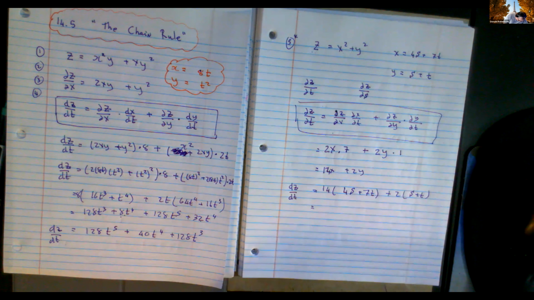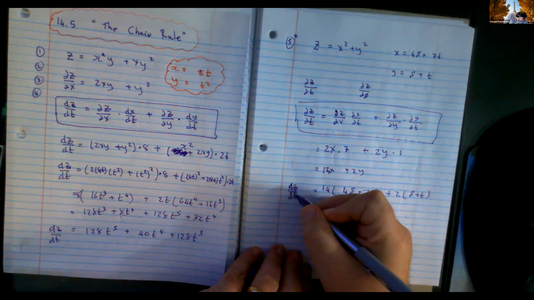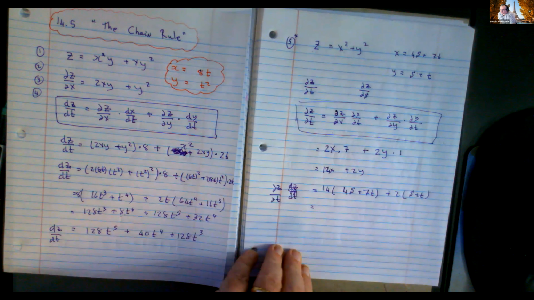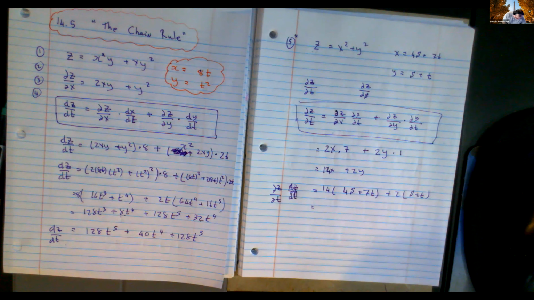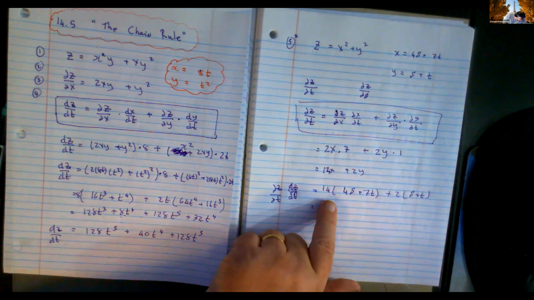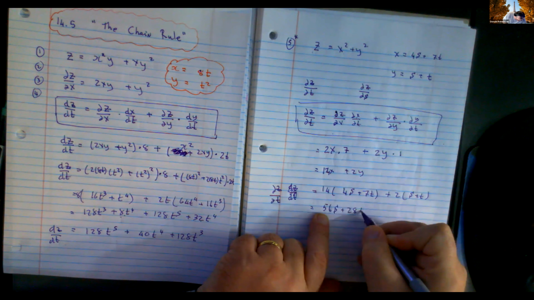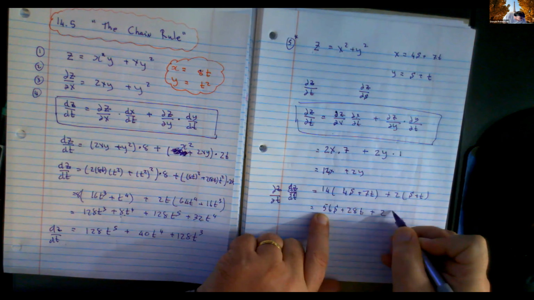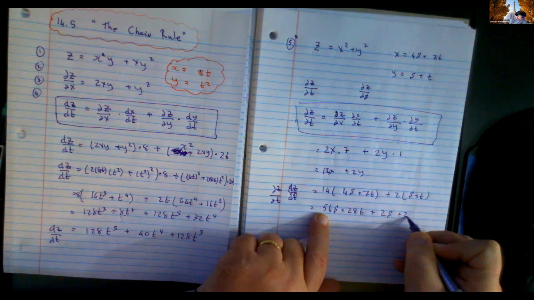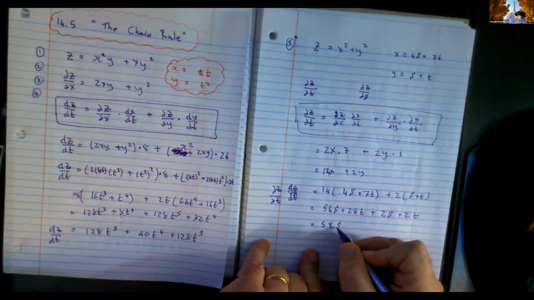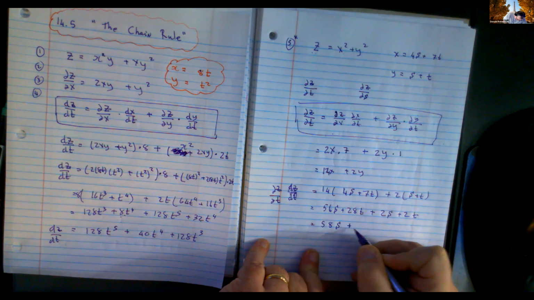Oh, and by the way, it's partial derivative. That's why s's and t's are in the answer. So 56s, 28t, add 2 more s's and add 2 more t's. So I hopefully can add correctly: 58s plus 30t.